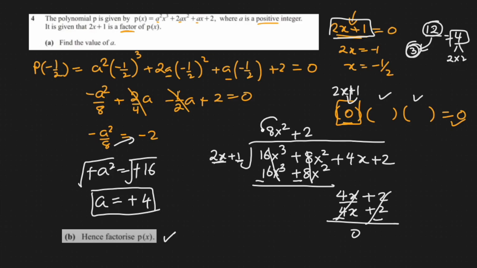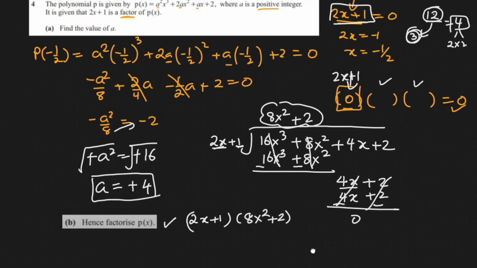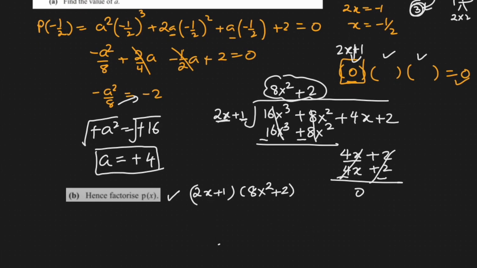So we got the second factor as 8x squared plus 2, but we can factor out 2 from this also. So I will write 2x plus 1 is one factor, 8x squared plus 2 is another factor, and I can factor out 2 from this, so I will write 2 outside now. 2x plus 1 has no change, but from this I factored out 2, so what is left?